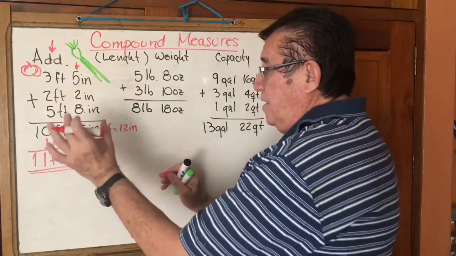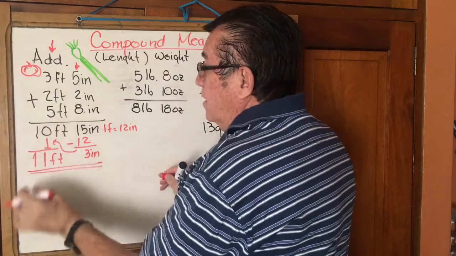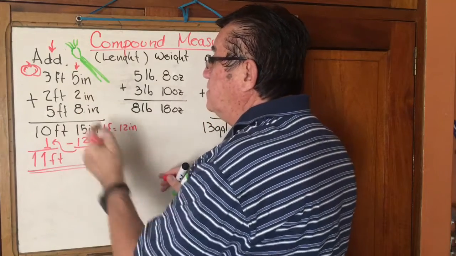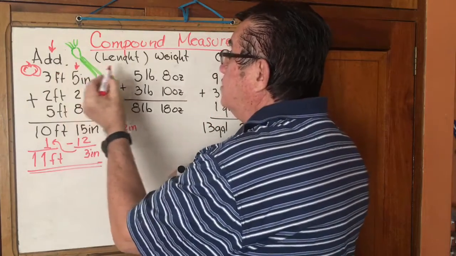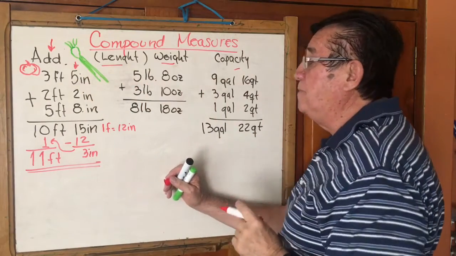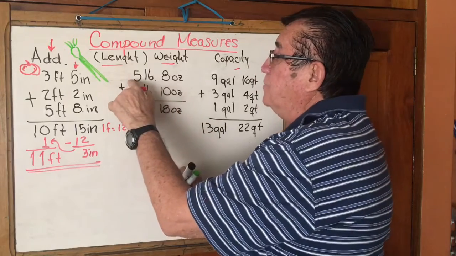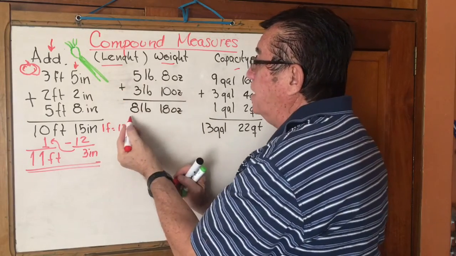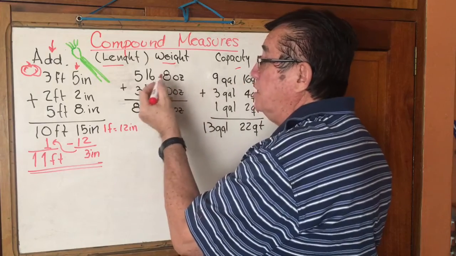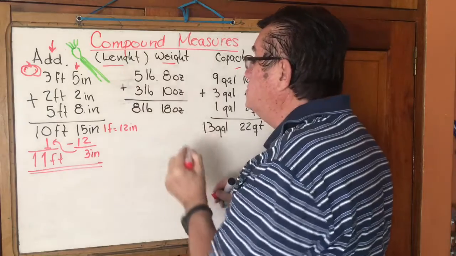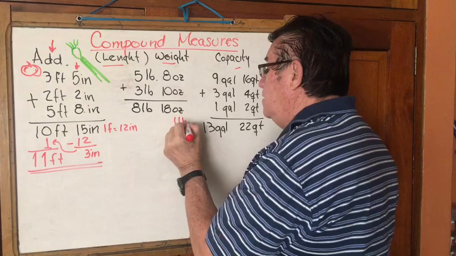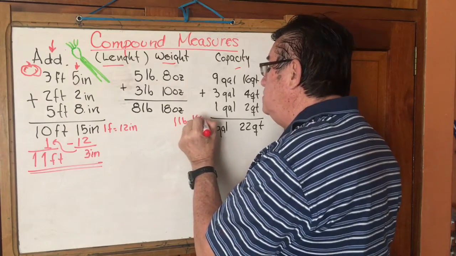Okay, so I have completely added the feet, which will be 11, and I have added completely the inches. I can do this with length, I can do with weight, and I can do with capacity. For instance, if I have to add 5 pounds plus 3 pounds, I have 8 pounds. But also we have ounces. Ounces are smaller than a pound, so I add them. And I know that every pound is equal to 16 ounces.